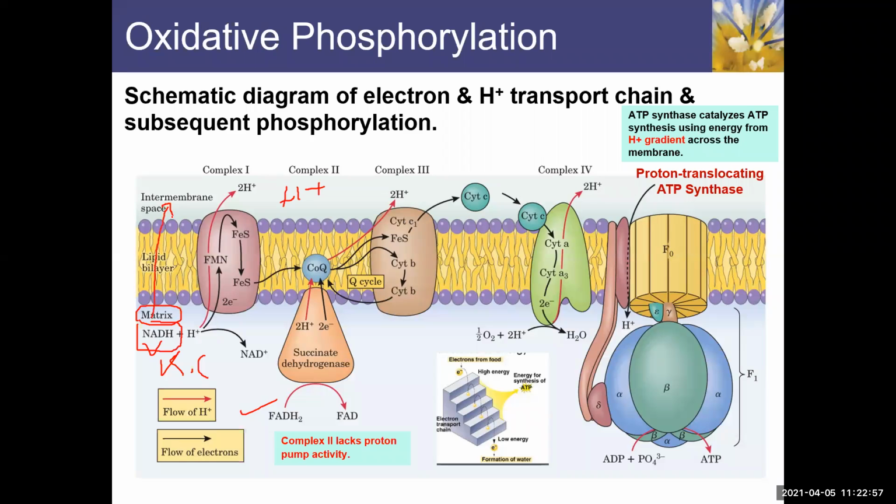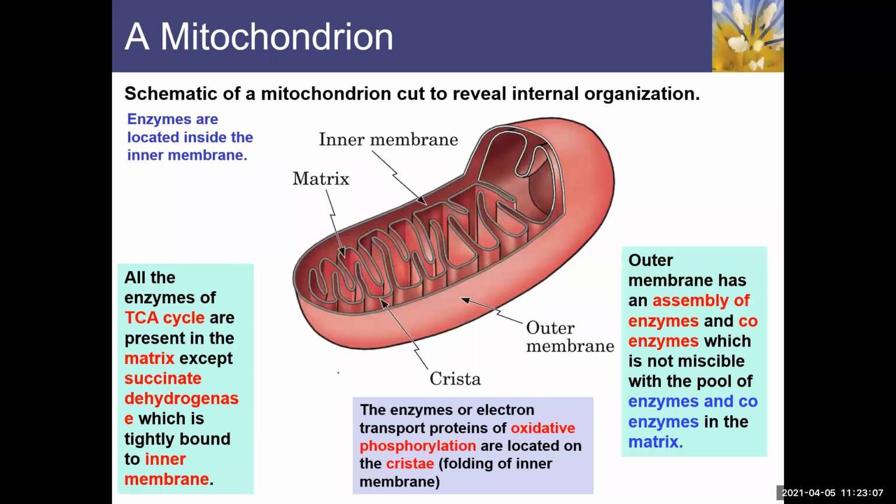What is the intermembrane space? It is the space between the outer membrane of mitochondria and the inner membrane of mitochondria. Look at this. This is the outer membrane, this is the inner membrane of mitochondria. So this is the space which you're talking about. So protons will be pumped over here in the intermembrane space. Are you able to understand?